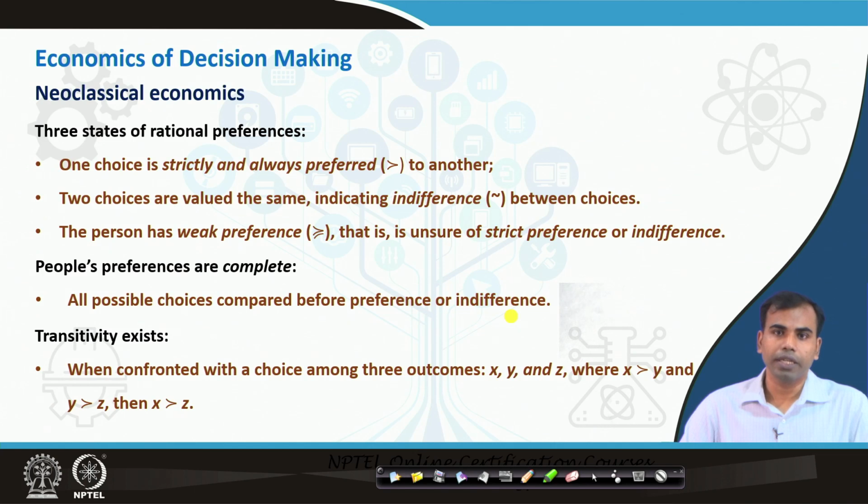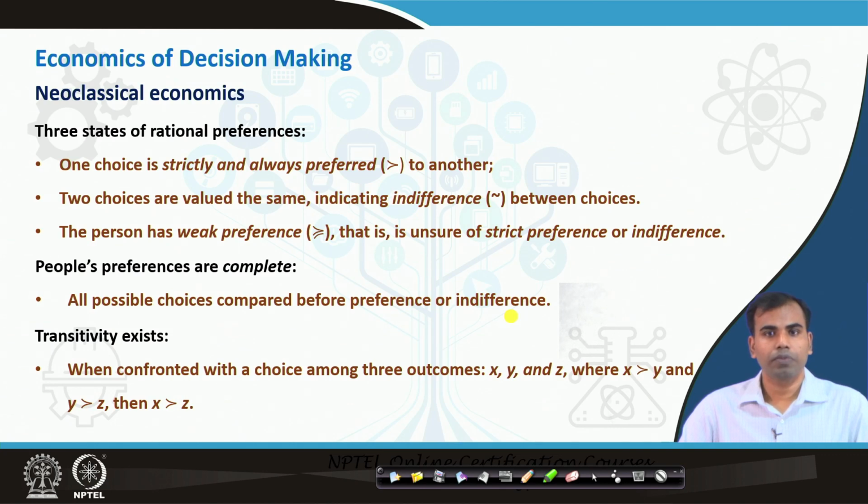The third state implies that the person or the economic agent is not sure whether he is indifferent or he is going to strictly prefer one alternative over the other, which essentially means that it could be strictly preferred choice of A over B, or it could be indifferent between A and B, and ultimately it does not make any difference in terms of utility derived by the economic agent.